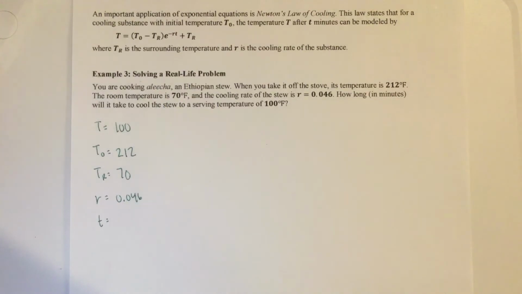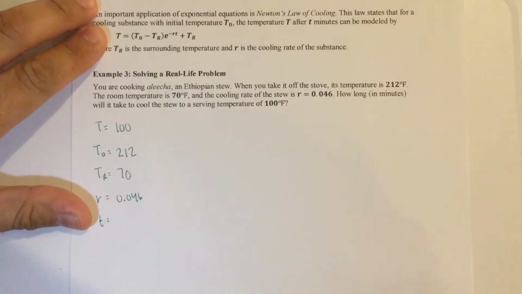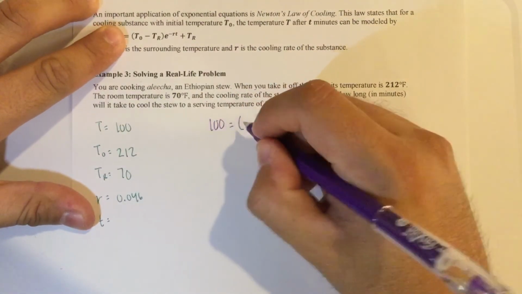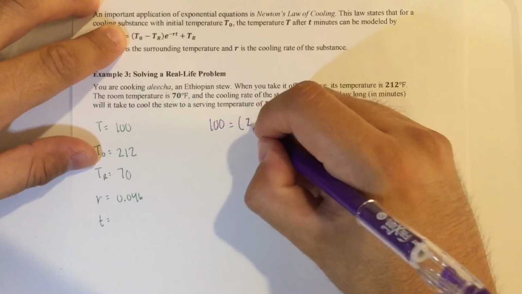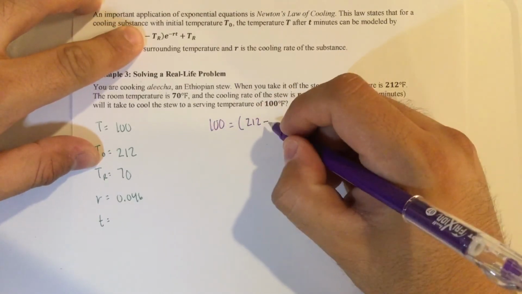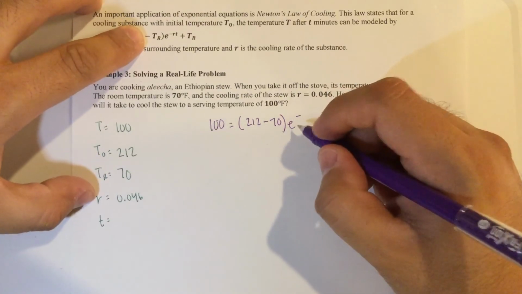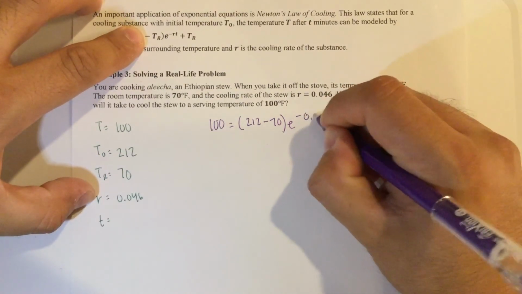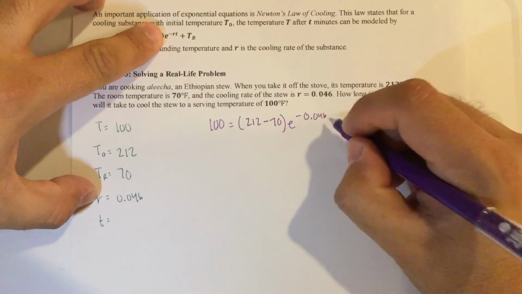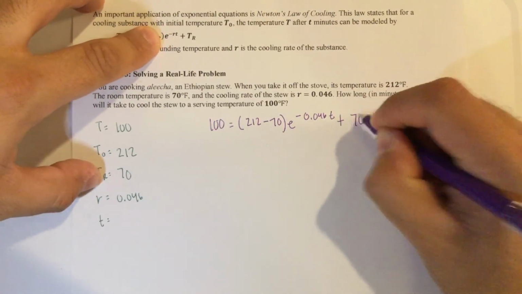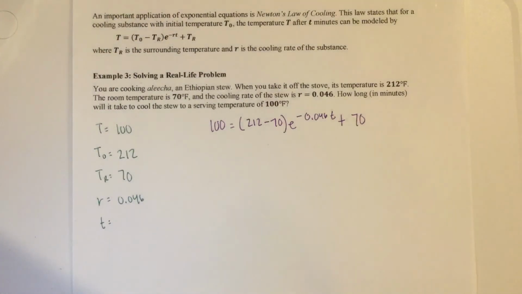Okay, so now we're going to take these numbers and plug them into this formula. Starting with T, 100 equals T sub 0, the initial temperature, 212, minus the room temperature, times e raised to the cooling rate, negative 0.046 times time, plus the room temperature of 70. And we go about solving this how we normally would.